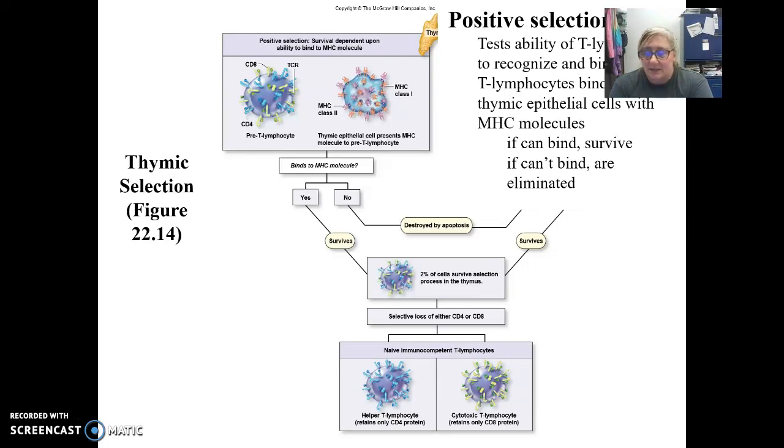They have other CDs, but we only talk about those two. In the thymus, these cells have to be able to attach to either MHC class 2 or MHC class 1 molecules. If they can't bind, then they can't initiate an immune response and they're going to die. If they can bind, then they survive.